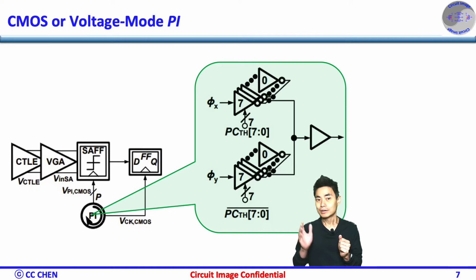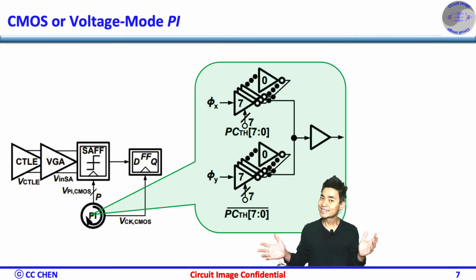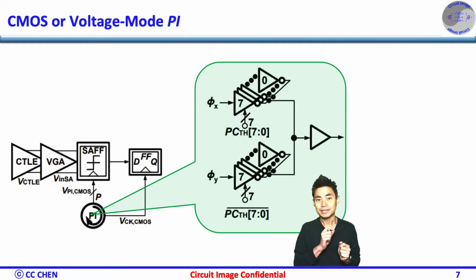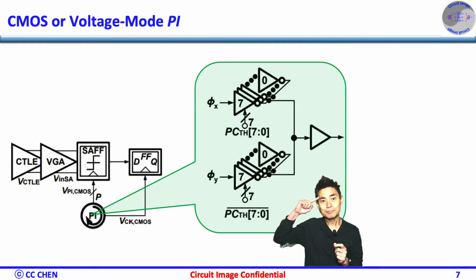Also, from the power point of view, the voltage mode PI may have the same advantage as CMOS CV²f power, which scales well with the frequency simply without any extra tuning like the CML PI. But can the CMOS PI have a good linearity over frequency easily? Before answering it, could you please think about the slew rate, imagine for 5 seconds?